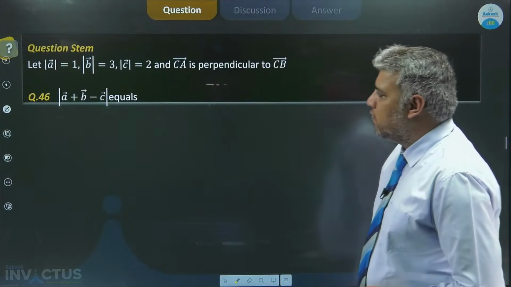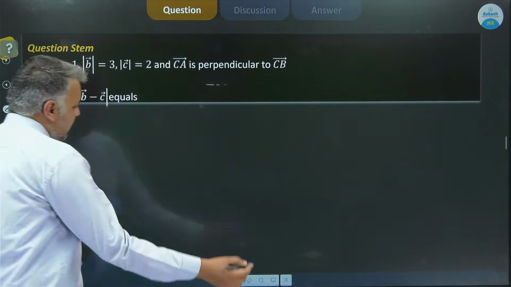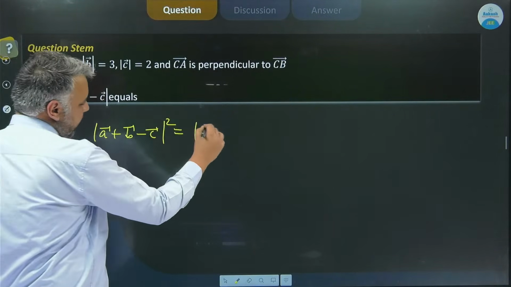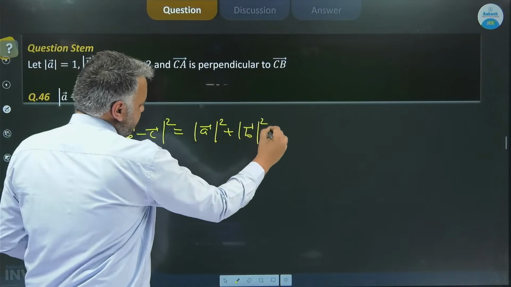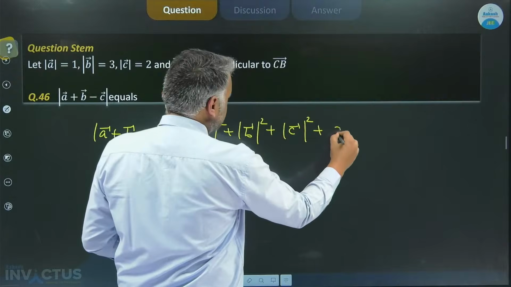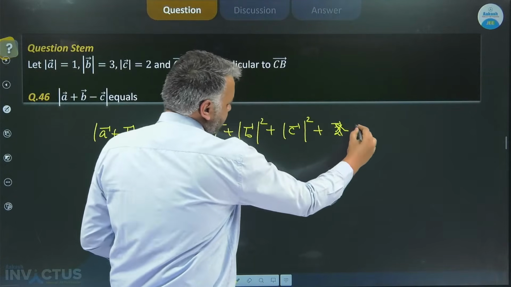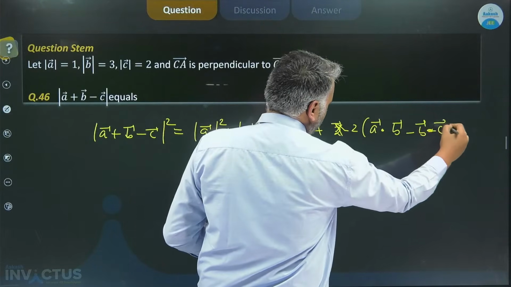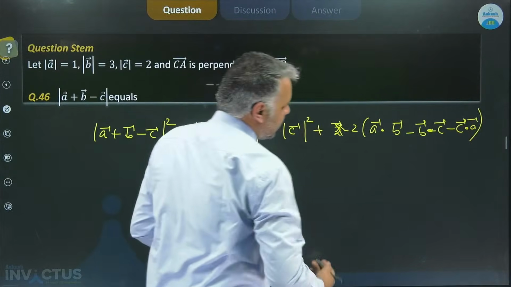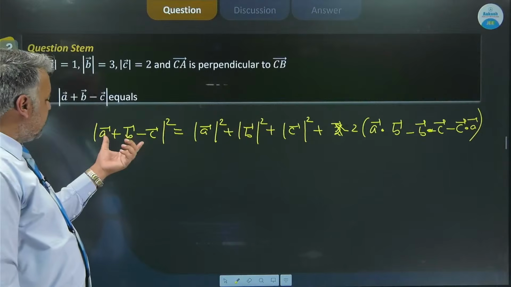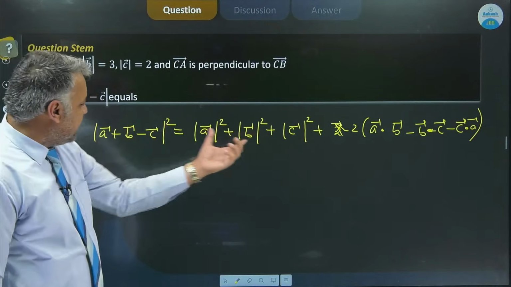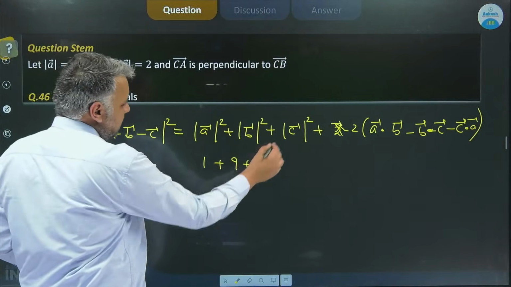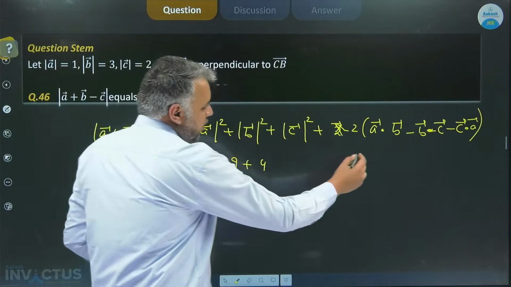Okay, in the next question we have to find the magnitude of A plus B minus C. So again we can say that A plus B minus C whole square will be magnitude A square plus magnitude B square plus magnitude C square plus 2 into A dot B minus B dot C minus C dot A. This will be magnitude of A plus B minus C whole square. So if we calculate this part, we'll get the value of magnitude of A plus B minus C. So this is 1, this is 9, this is 4, and what is the value of this?